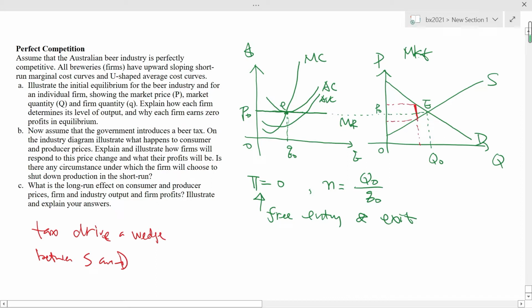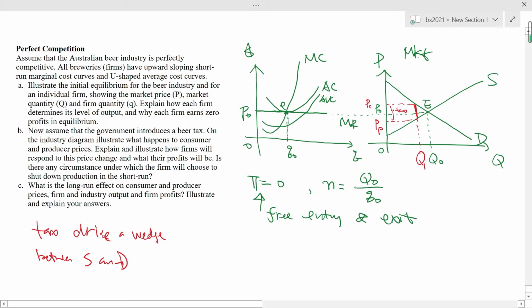Now market equilibrium quantity dropped from Q0 to Q1, and consumers pay a price, the consumer price, which is higher than the price that producers receive. The difference is the tax rate. So this is the tax.